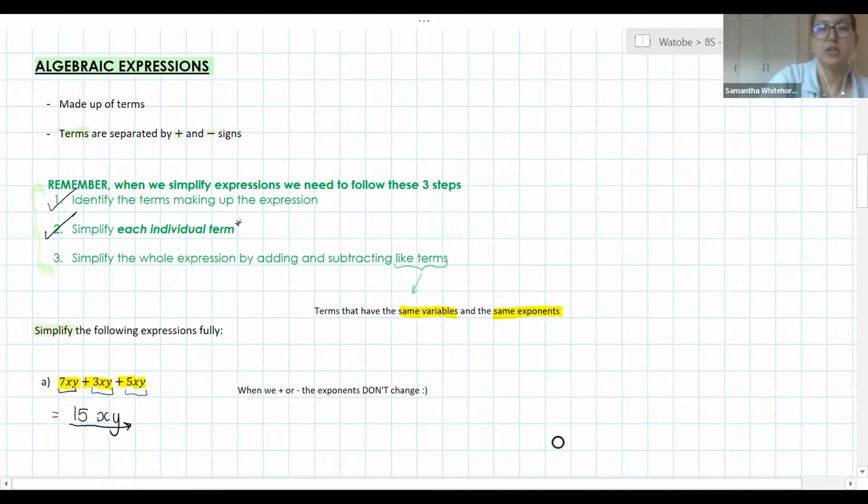And then we're going to have a look at the next one where we are going to have to do that second step. Okay, I'm hoping we've all got our screenshots. I'm going to scroll on down now.